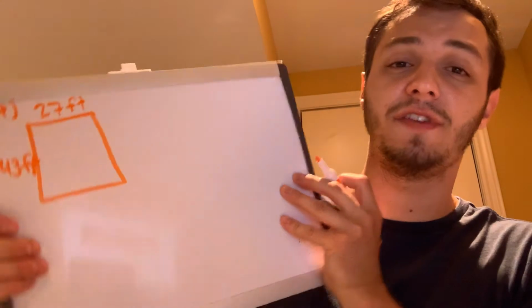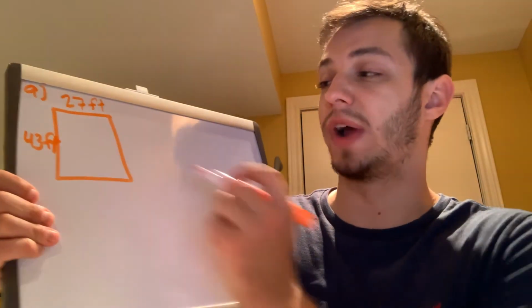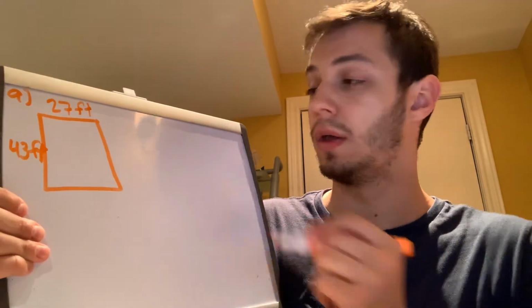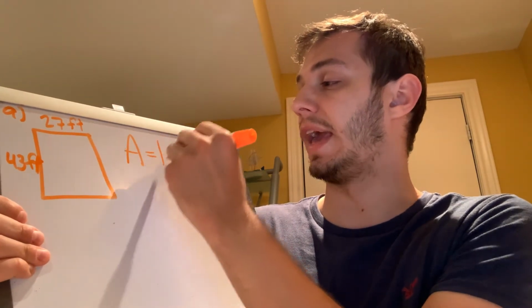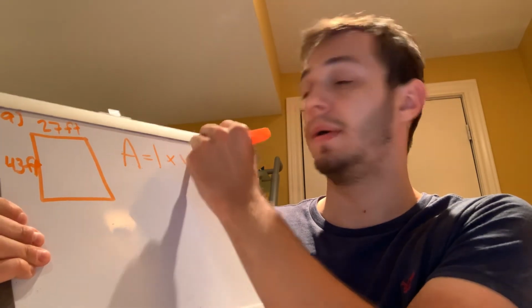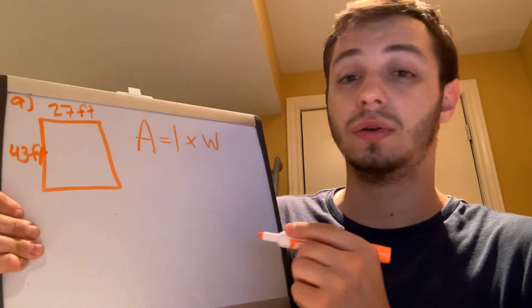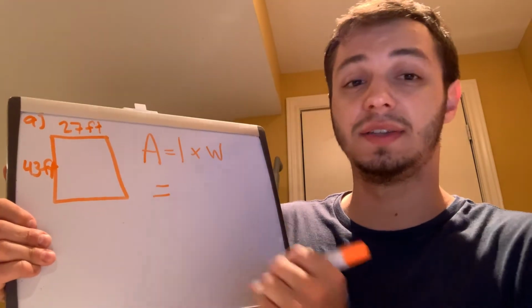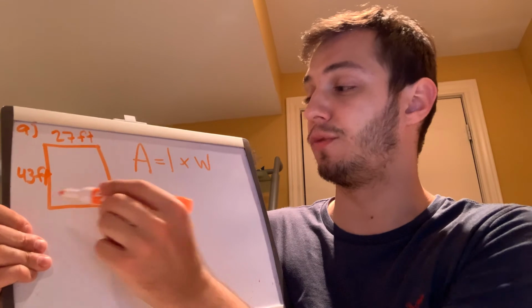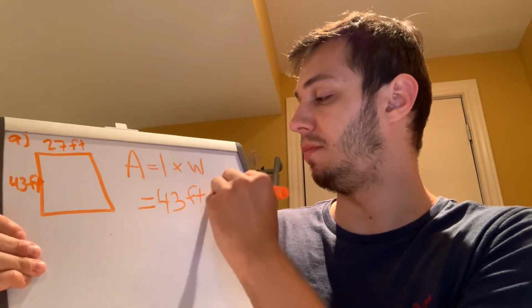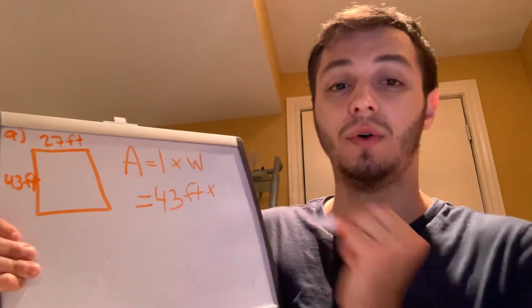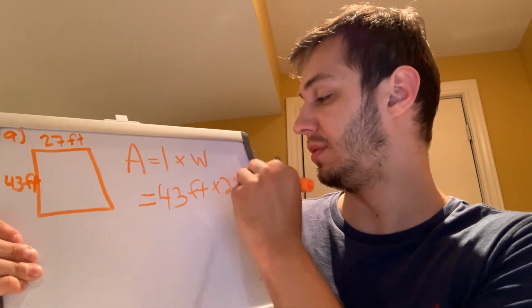All right, so we have to figure out what the area of this rectangle will be. Right, so we said that area equals the length multiplied by the width. Right, so our length in this case is going to be 43 feet. I'm going to multiply it by the width, which is 27 feet.